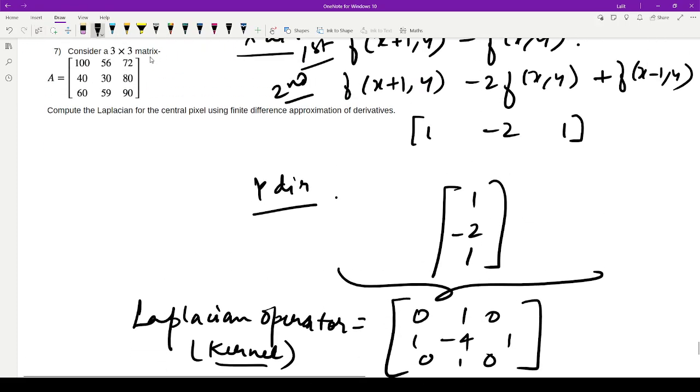Okay, so what we need to do is apply this onto this at the center pixel, right? So what is the answer?